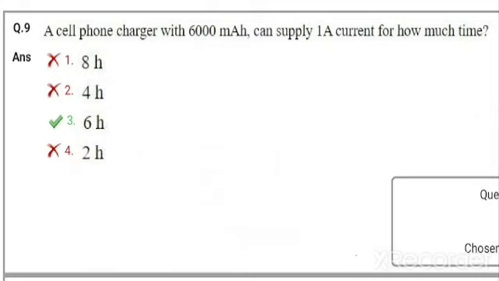Question number 9. A cell phone charger with 6000 milliampere hour can supply 1 ampere current for how much time? Okay, so 6000 milliampere hour means we can say 1 milliampere supplies for 6000 hours.